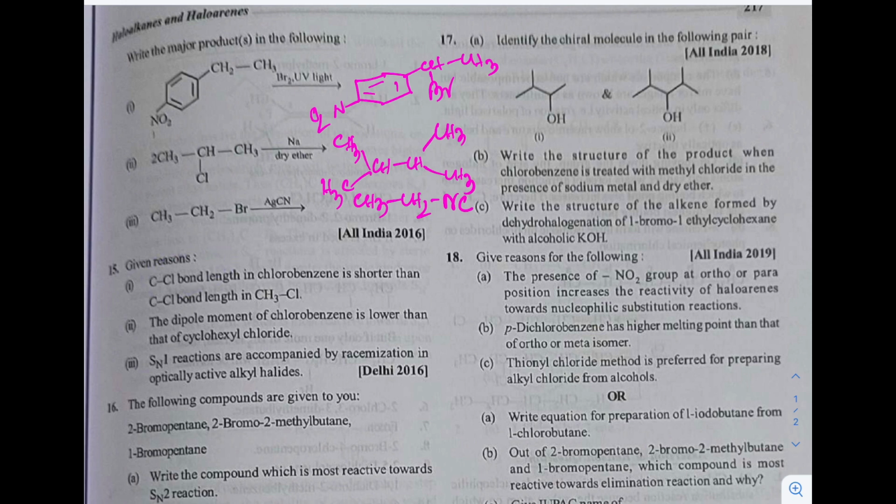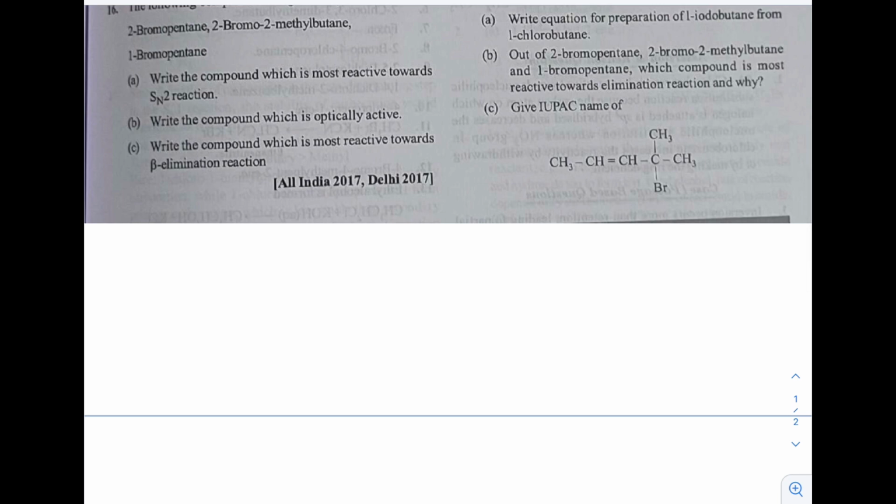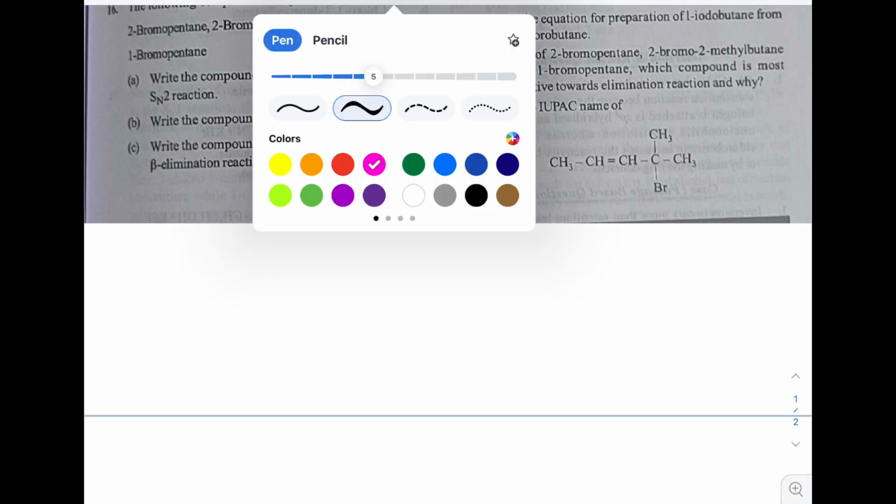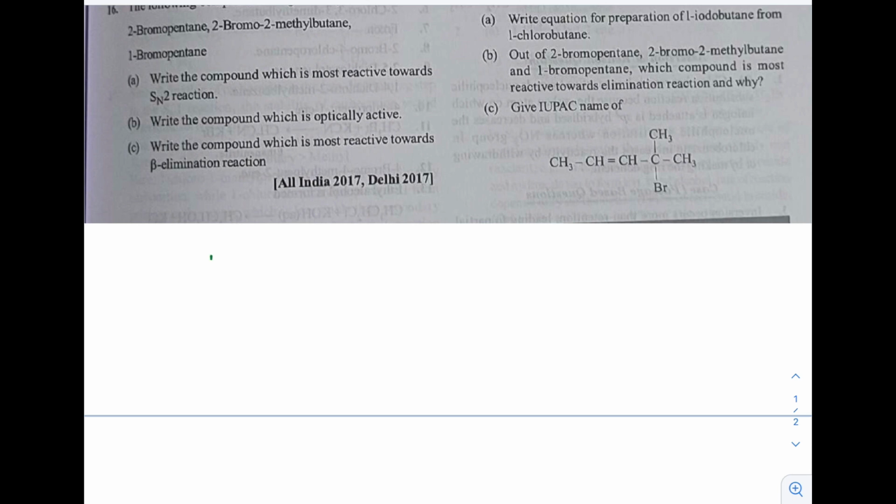Next, question 15. Give reasons. The C-Cl bond length in chlorobenzene is shorter than the C-Cl bond length in CH3Cl. 15A. This is chlorobenzene.